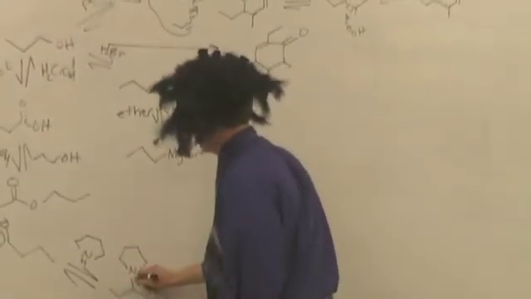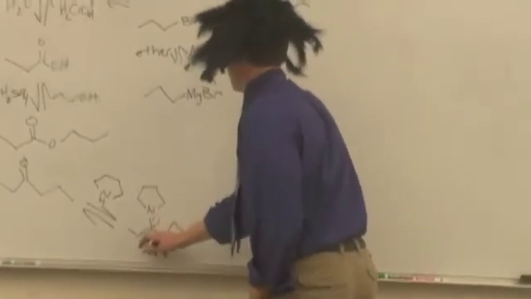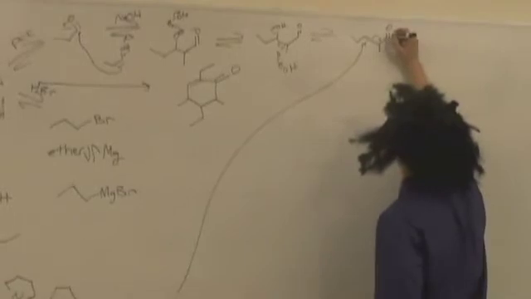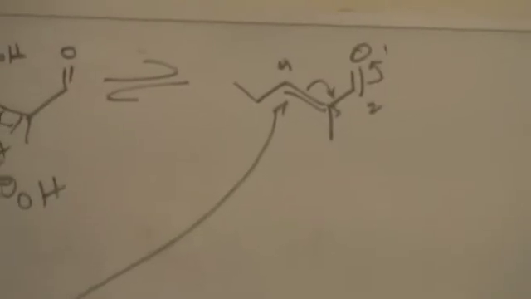So have these electrons kick down right there, and then these electrons attack right there. And this goes over here, and then these electrons go up there. Alright, so let's do 1, 2, 3, 4. Make sure you number your carbons, this is important here. And then we'll do A, B, C.